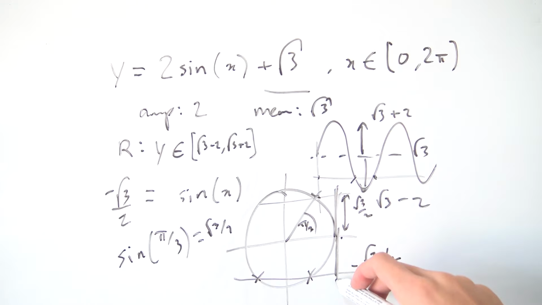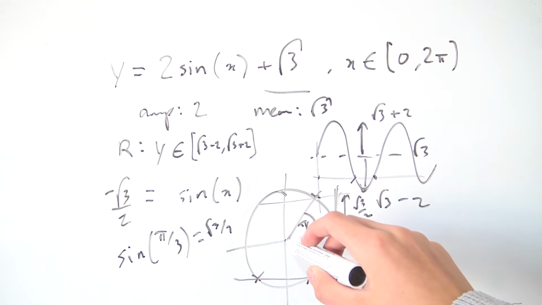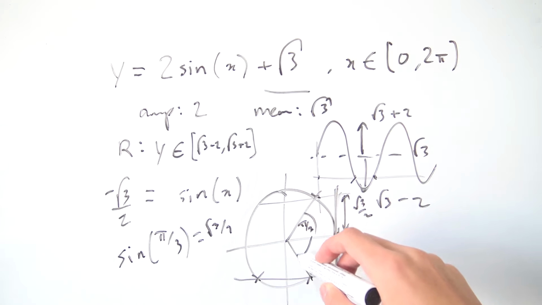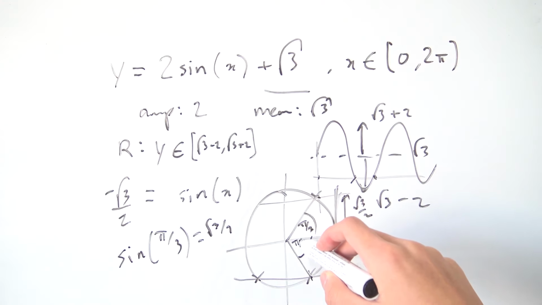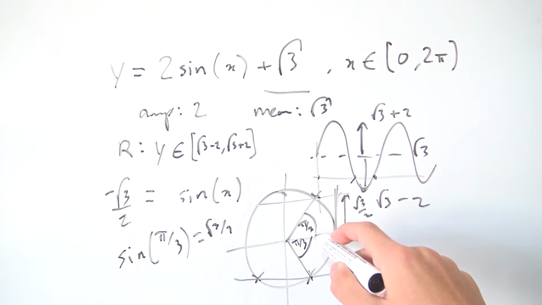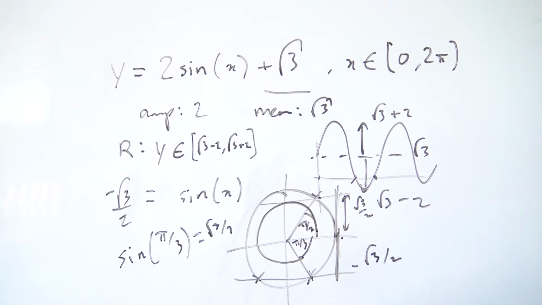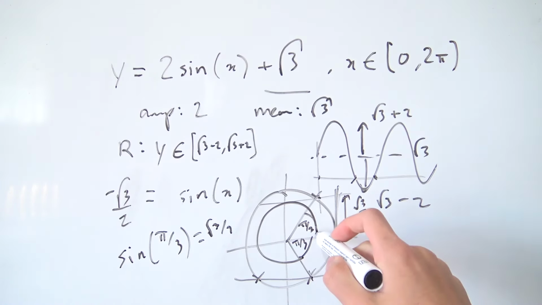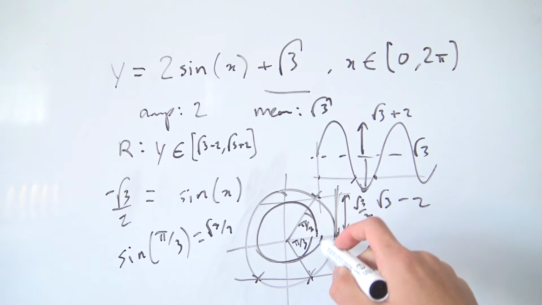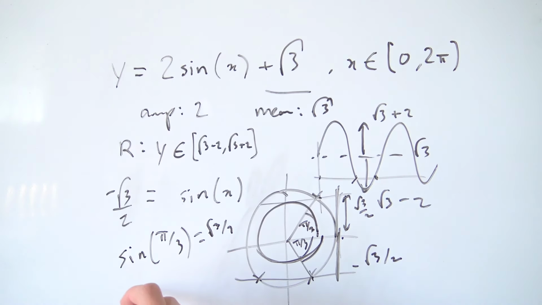This distance right here is also root 3 over 2. So we can argue that this angle that it makes with the positive x-axis is pi over 3 as well. But the thing is, we want the angle from the positive x-axis that goes all the way around to this angle right here. So to do that, we can just think about going 2 pi and then subtracting off pi over 3. That's going to give us a solution of x being equal to 5 pi over 3.